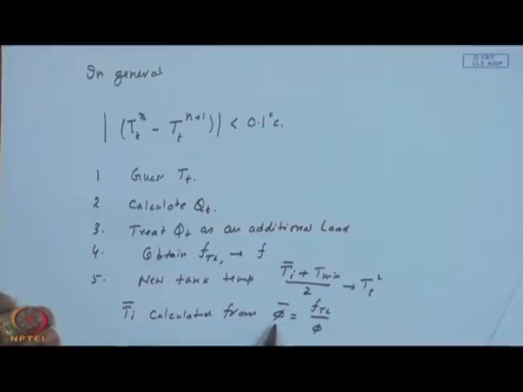Because this is a function of exponential, a plus b times X c bar plus c X c bar square, I will find out an X c bar. From that X c bar, I will find out T I bar. F T L by Y, I am sorry.